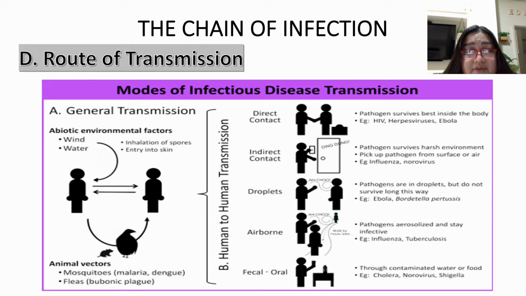Take note too that some cannot survive for long periods of time, as mentioned earlier, so they require direct contact, droplet transmission, or transmission through an animal vector. Others, such as flu, can survive for long periods of time on surfaces, making them extremely contagious.